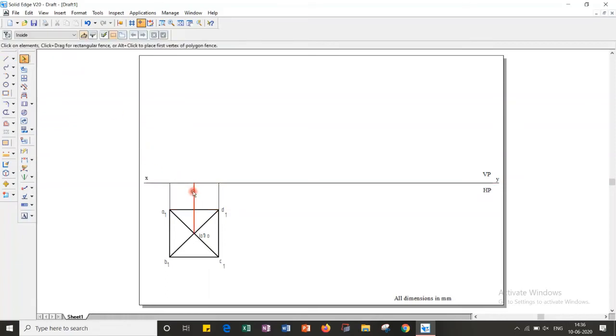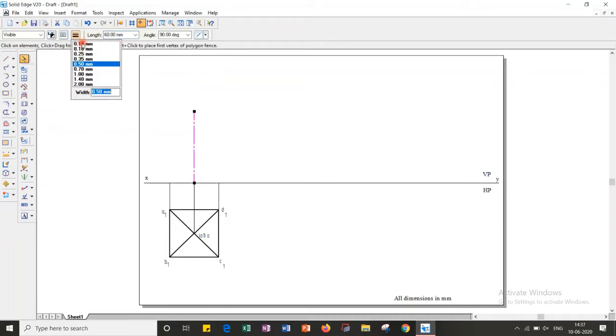According to the given question, the height of this pyramid is 60 mm. In pyramids, always take the height from the center. So the height of this pyramid is 60. Draw one line of length 60 mm. Since this line passes through the center of the pyramid, this is the axis line, so change it to an axis line.